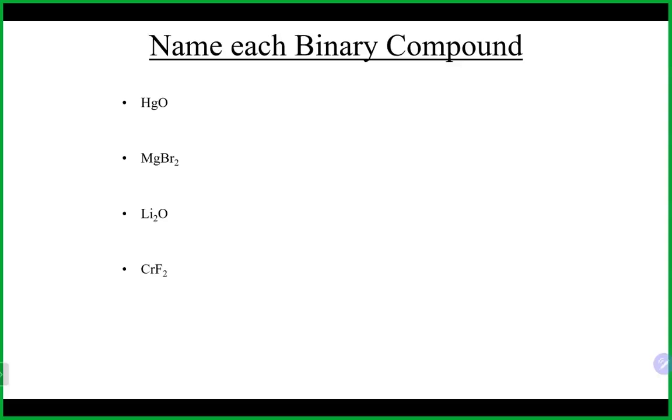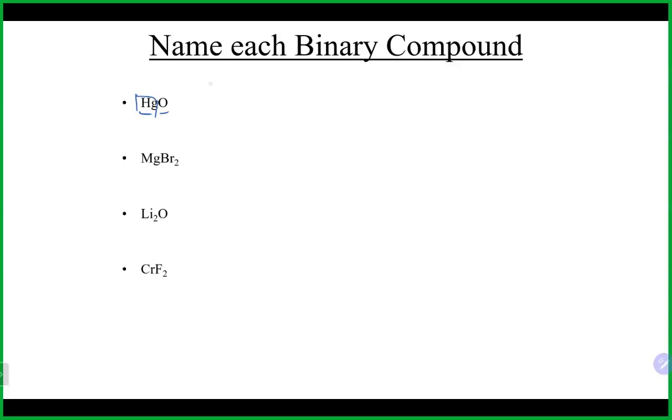Remember when you're naming, you just want to identify what you're dealing with. So Hg is mercury, which is a metal, and oxygen, which is a non-metal. That should tell you it's an ionic compound. Whenever a metal is involved, that's what you should focus in on. If we find mercury in the transition metal region, that tells us it most likely can have multiple types of charges, so it's a type 2 compound.